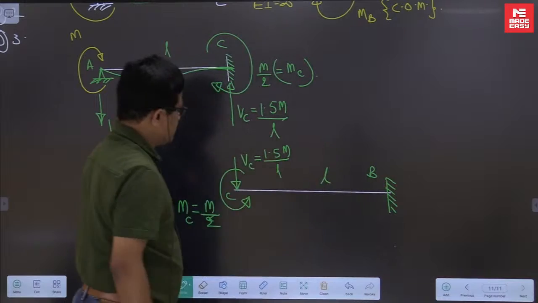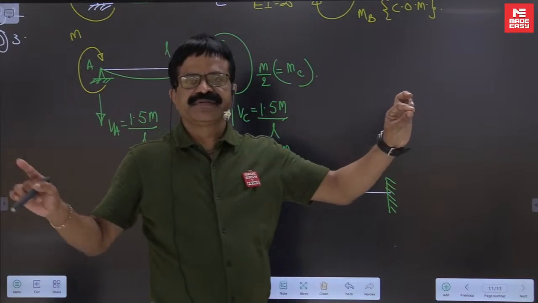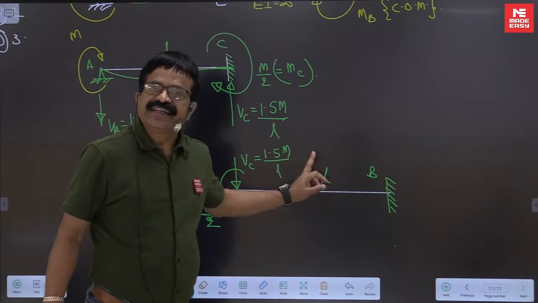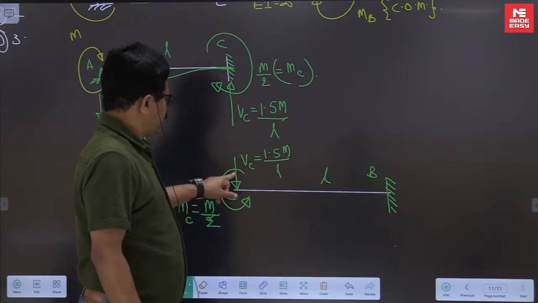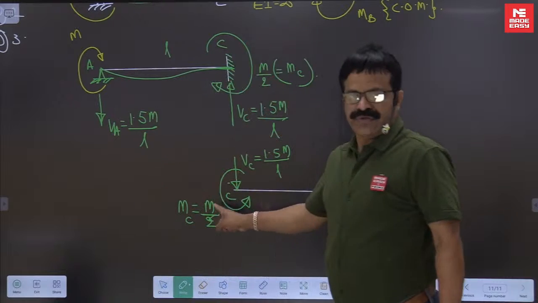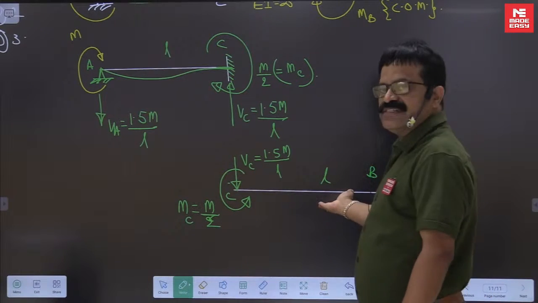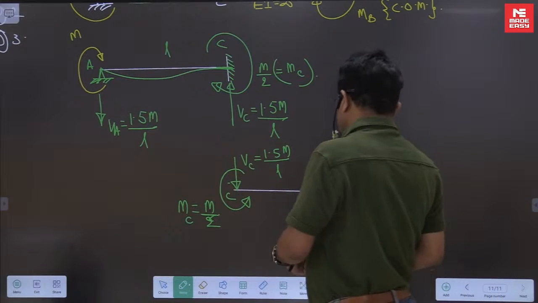This length is L. Now this is like a cantilever beam, which is a statically determinate beam, because reactions are known to us. So, a cantilever with two loads, VC, MC. Since it is a determinate structure, we know how to find VB.